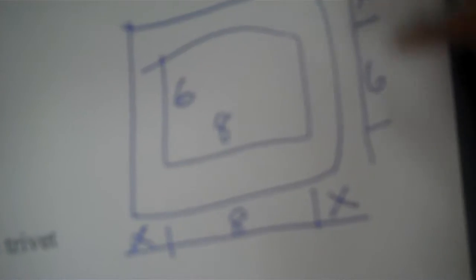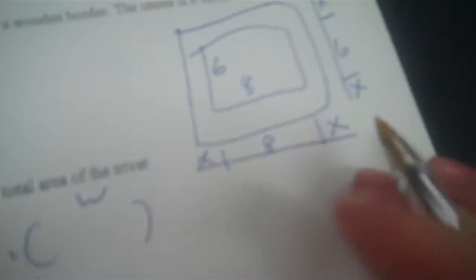The surrounds are always 2x. Again, that's a surround. I think I misspelled that. Surround. Sorry about that. Here to here, 6, x, and x. Okay, so I've got 2x plus 8, and then here's going to be 2x plus 6.